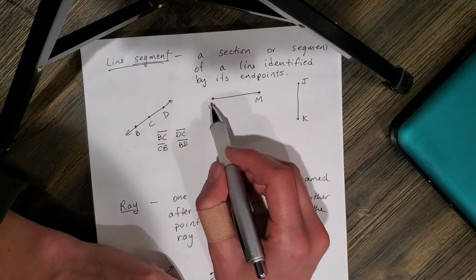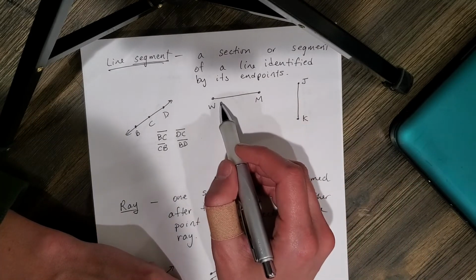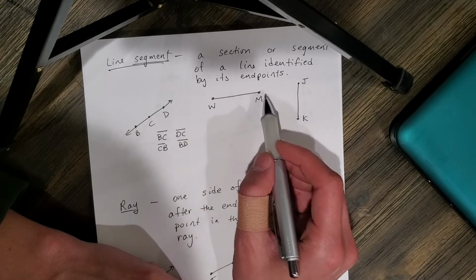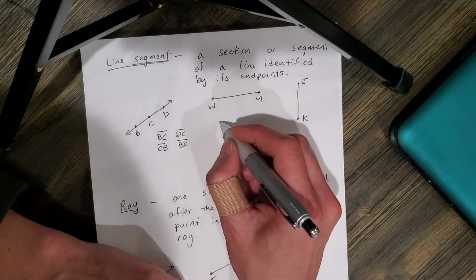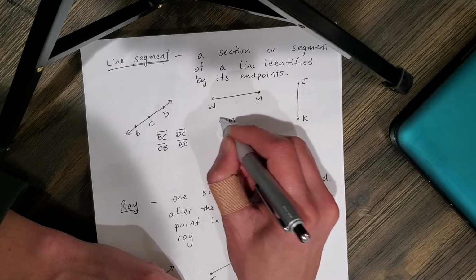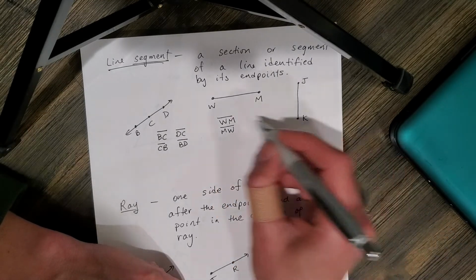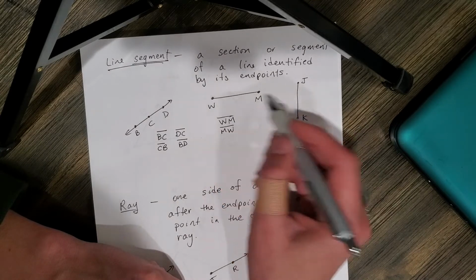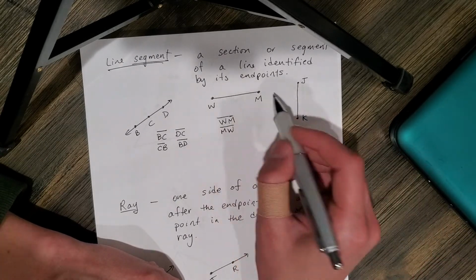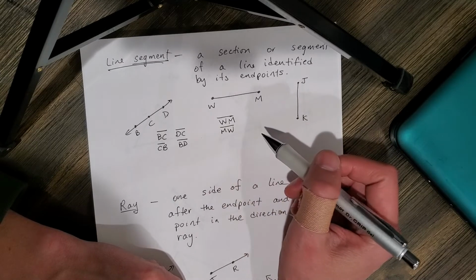Now notice this line segment here, it doesn't have the arrowheads. So here I'm only given the piece of the line already. So this can only be written this way or in the opposite direction, okay? So there is no other way to name this line segment because I only have 2 endpoints.